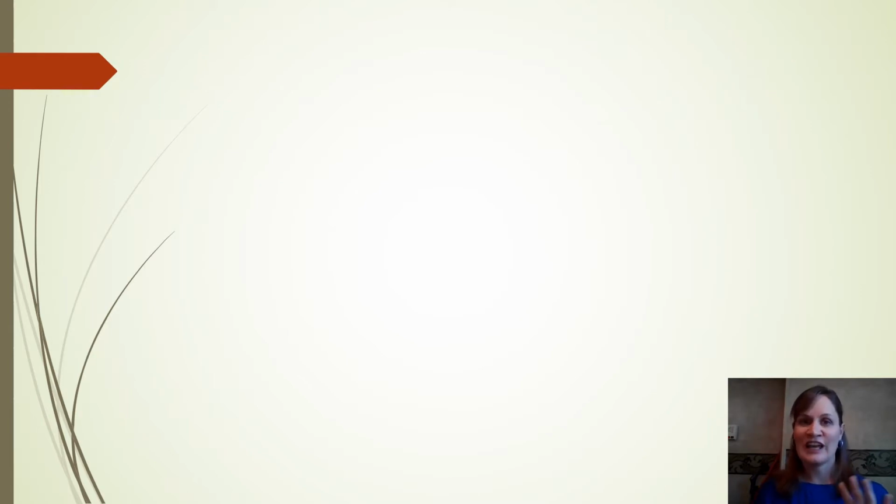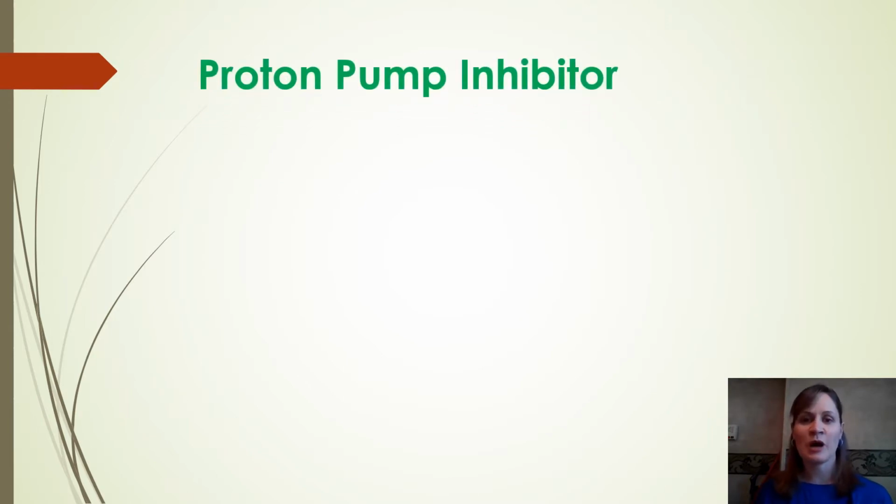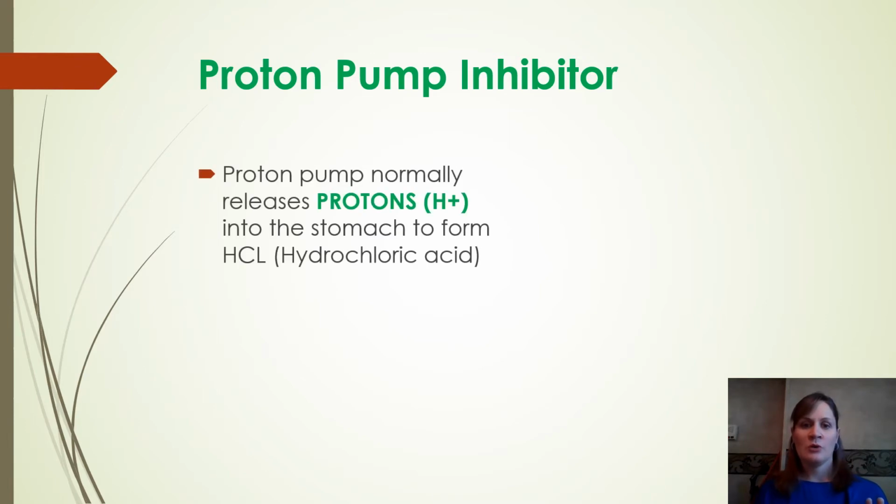All right, so here we go. Proton pump inhibitors. So proton pumps release protons into the stomach. There's actually a pump that is found in the parietal cell of the stomach, and it secretes acid and just throws acid into the stomach when it's stimulated. And it throws that stomach acid in the form of H plus ions, so hydrogen ions.